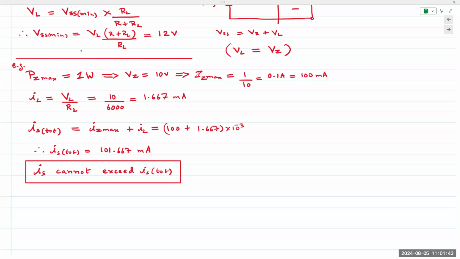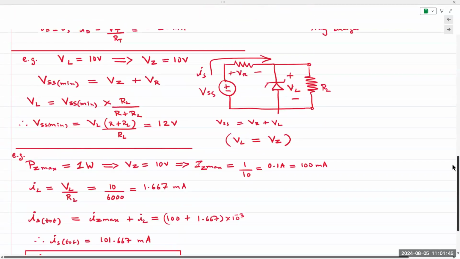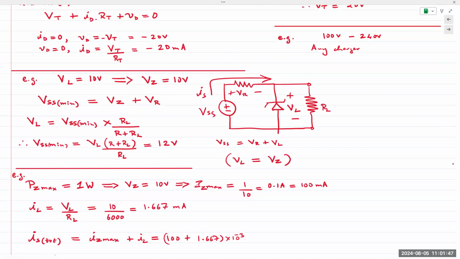That current from the supply also flows through VR. Remember, this is IS. IS is going through here. So if the maximum value of IS was 101 milliamps or 100 milliamps, what is the voltage across VR? That's the max value, right? It cannot exceed that value.